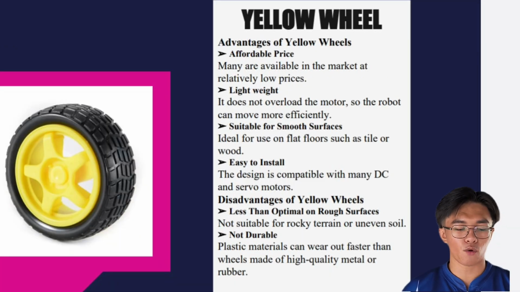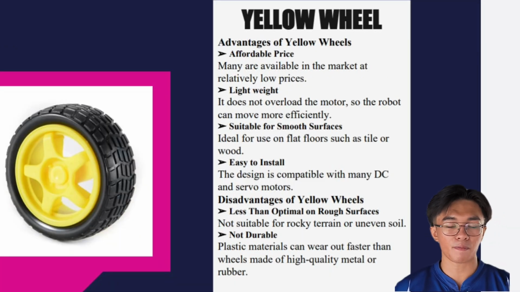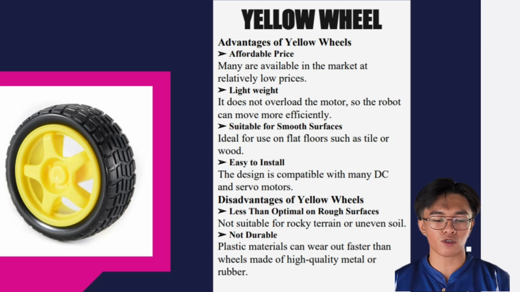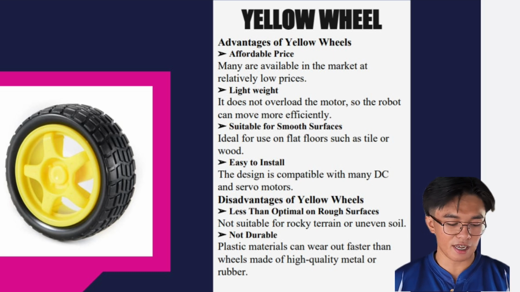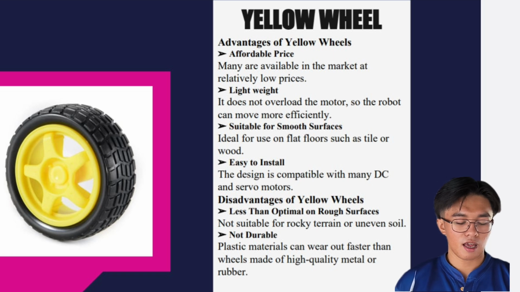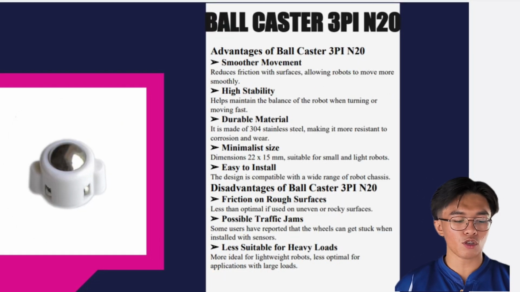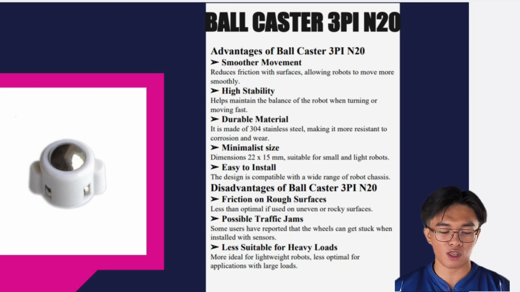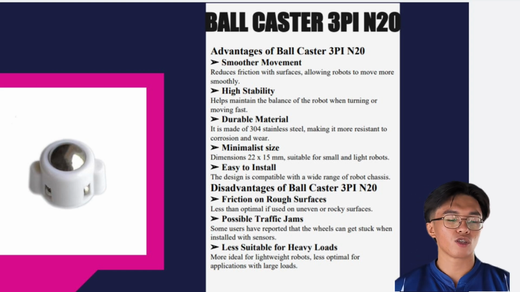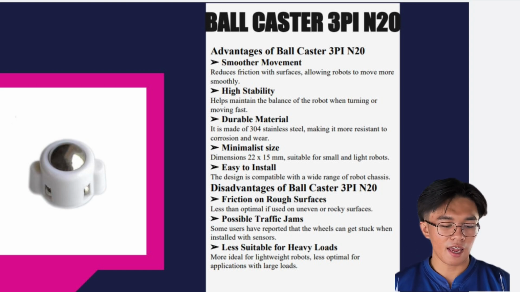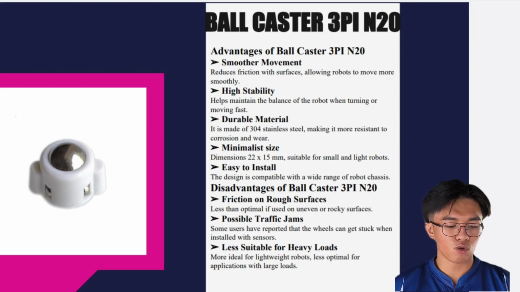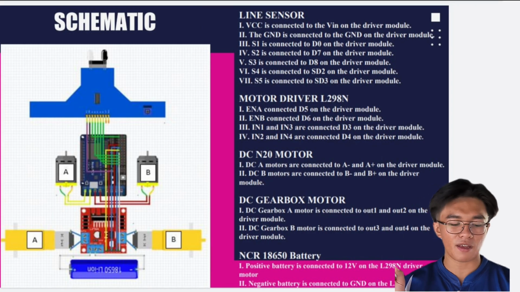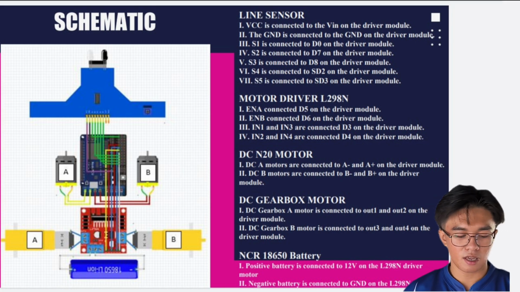And we use the yellow wheel because of affordable price, light weight, suitability for smooth surfaces, and easy installation. And our robot uses a bow caster 3PA and 2 N20 because of smoother movement, high quality, and durable material. Now we can see our schematic.